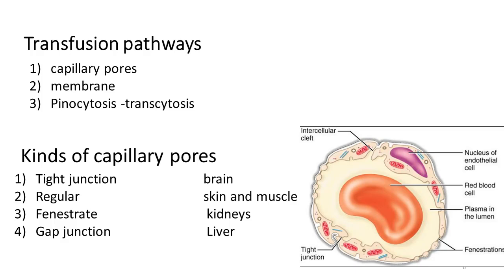These have large holes on the endothelial cells, and fenestra can be seen in the kidney, and because of that, large molecules can pass through these holes in the kidney. The other type of capillary pores are gap junctions, and the endothelial cells contain very non-specific pores that can help some special molecules pass through. We can see this kind of capillary in the liver.